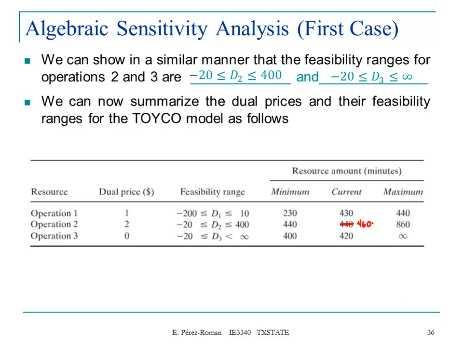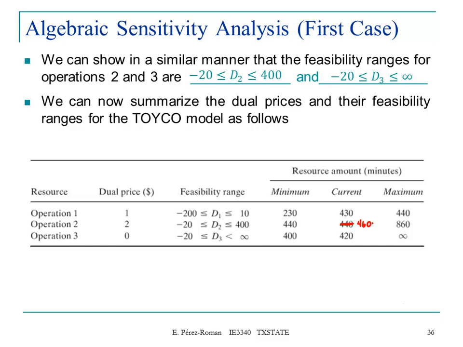Okay? So this table is very important. It's important that you understand what these numbers mean, because I can give you a table in the exam and ask you, for example, if you increase the capacity of operation 1 by 20 units, would that give you a feasible solution?